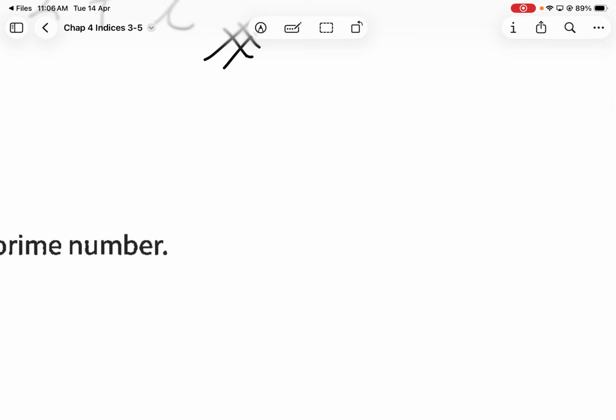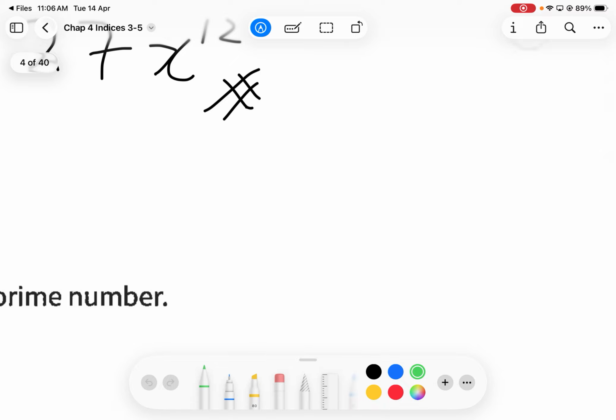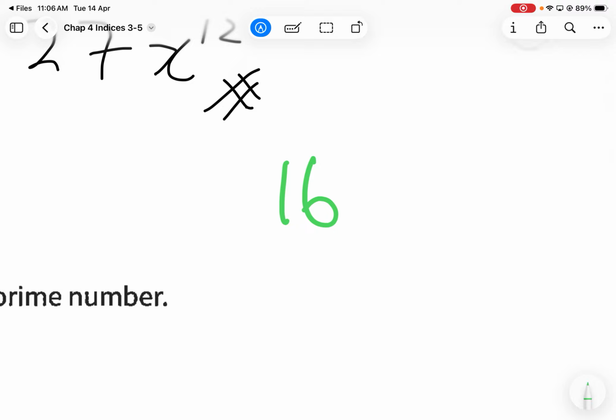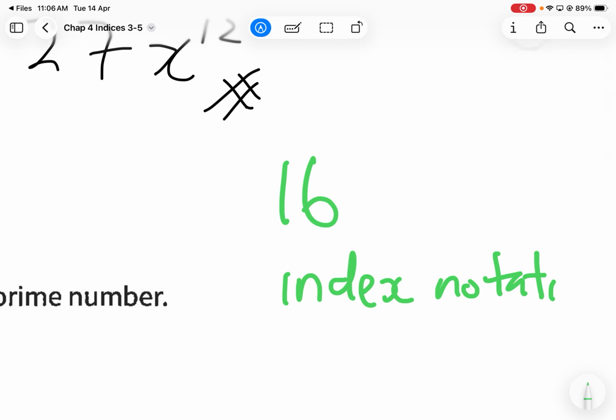Instead of writing the number in full, for example, 16, I want to write it in index notation.